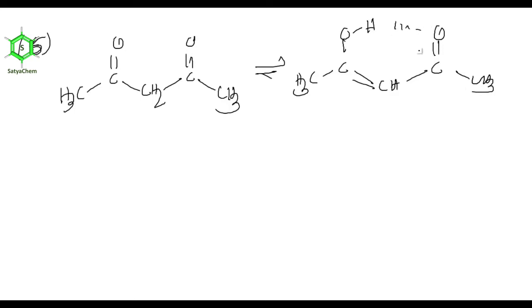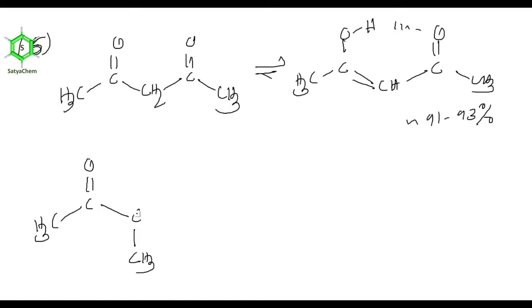In gas phase, the enol content of acetyl acetone is 91 to 93%. But in 3-methyl pentane-2,4-dione, here I have introduced one methyl group on the C2 carbon.